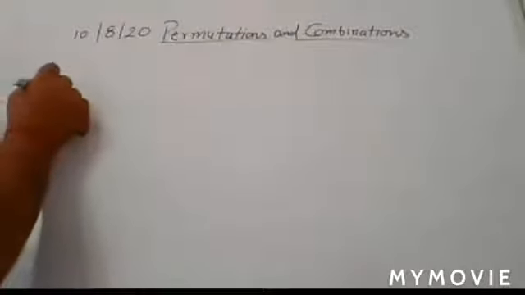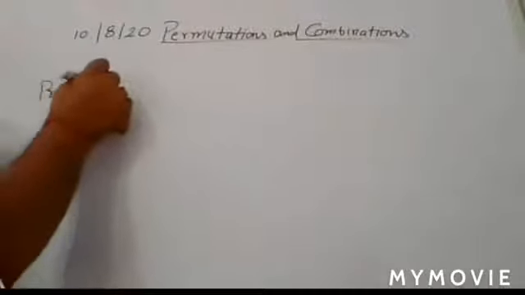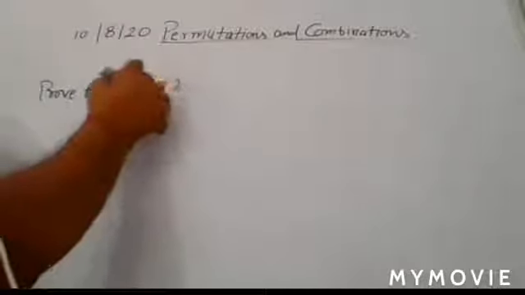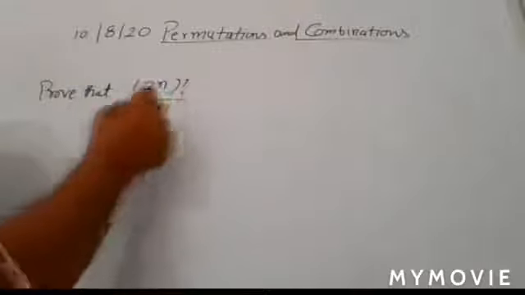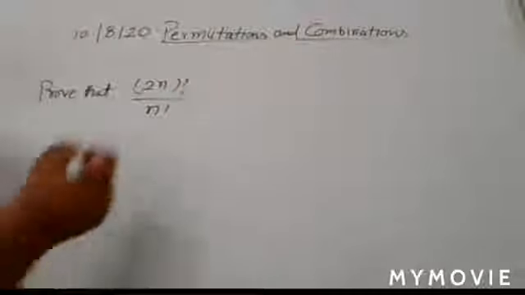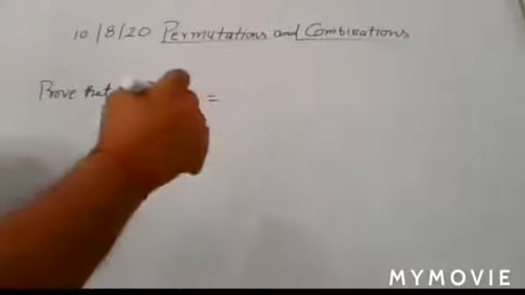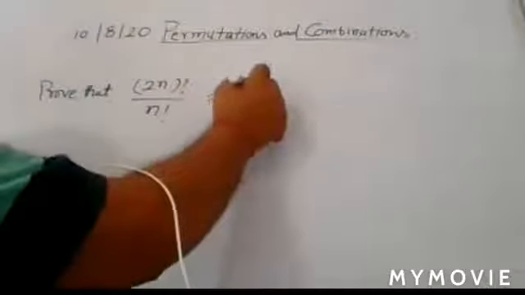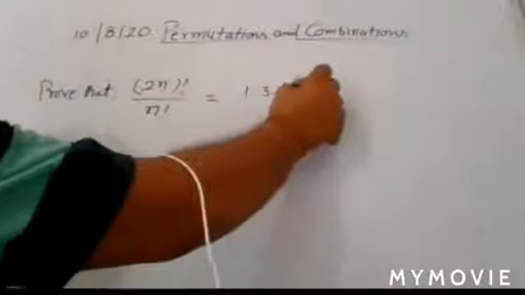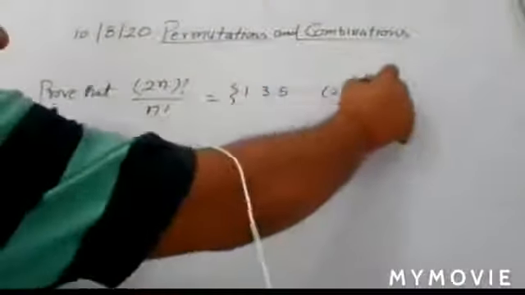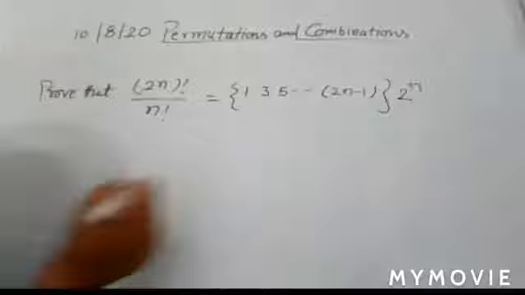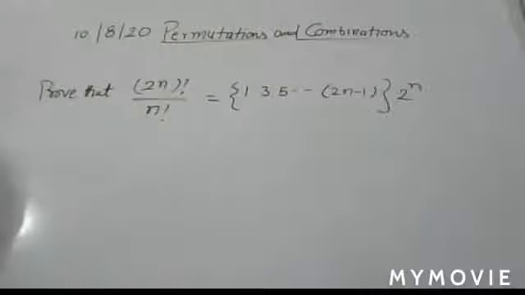Fundamental principle of counting. Okay, so you write, prove that 2n factorial upon n factorial is equal to 1 into 3 into 5 up to 2n minus 1 into 2 to the power n.